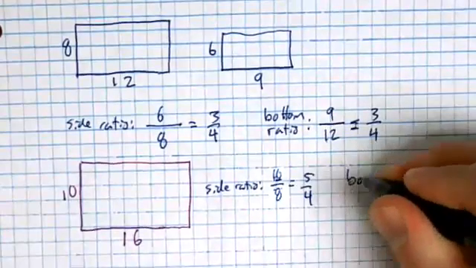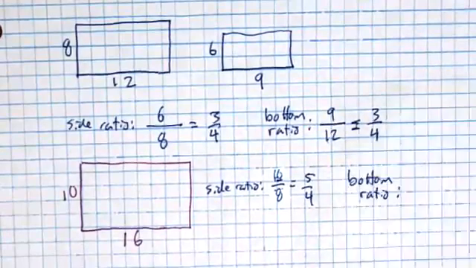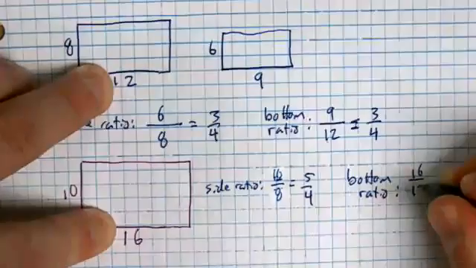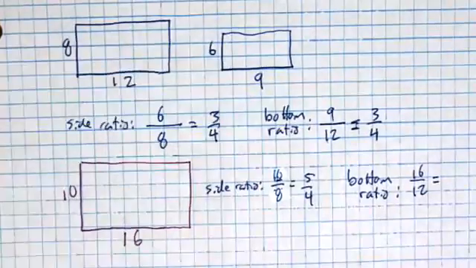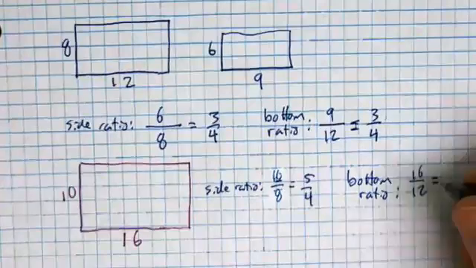Does the bottom ratio also come out to be 5/4? The bottom ratio would be 16/12. Reducing 16/12, those are both divisible by 4. That'd be 4/3.